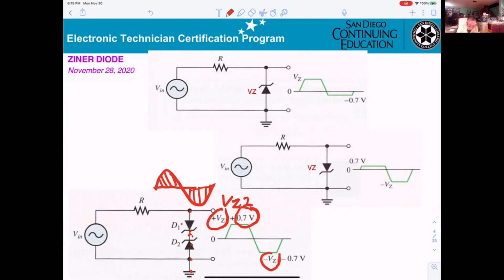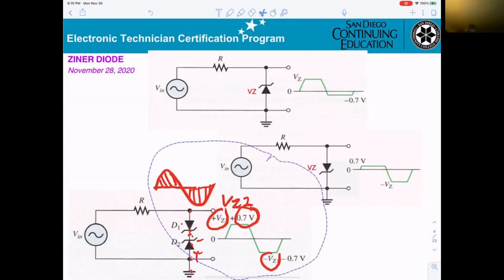And when it's on, you get ground here and negative here, so that's why it will be minus 0.7 volt. Every time you see two diodes connected this way, sideways, one will be on normally and one will break down, for either positive or negative of the Zener.